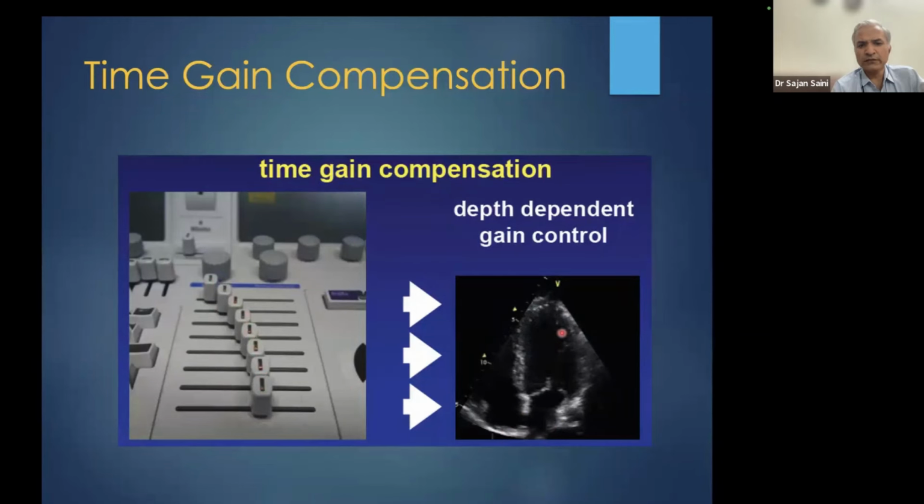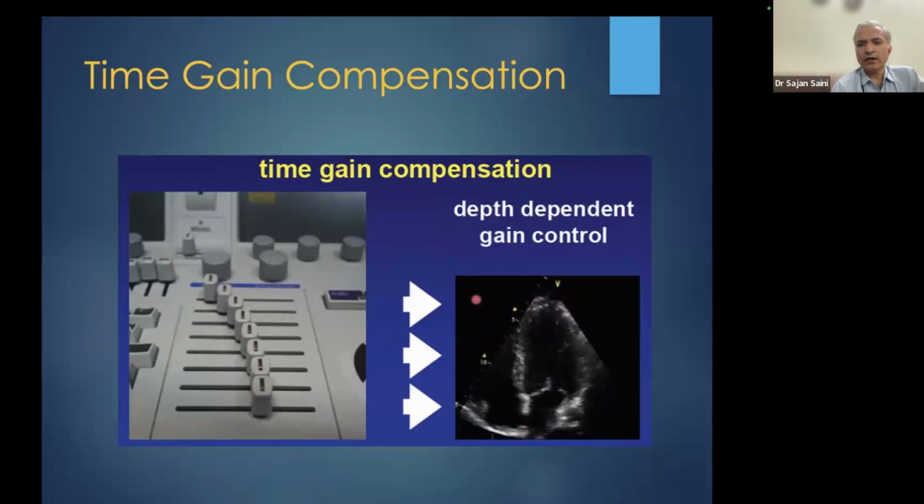There are 8 buttons available, so they divide this sector into 8 equal zones. I know that I don't need so much compensation here, so my gain will be lesser on the top, and as I go down the line, I need more and more gain. For the structures which are deeper down, I will adjust my gain so that they have more gain. This is known as the time gain compensation.